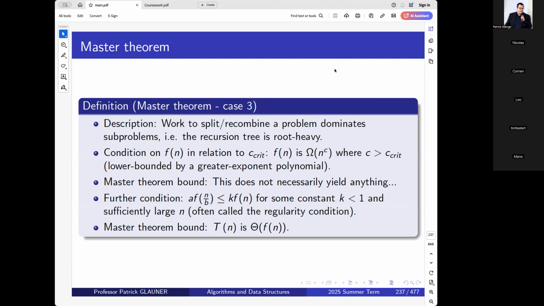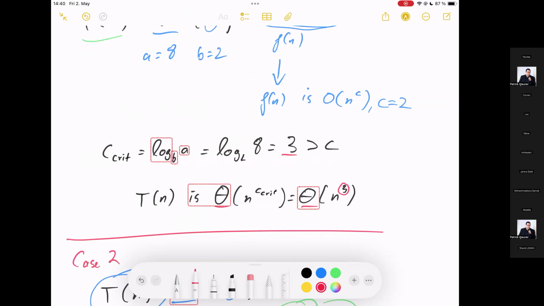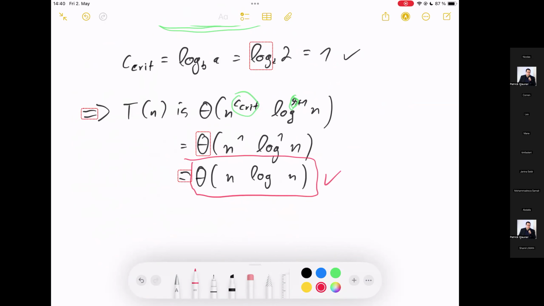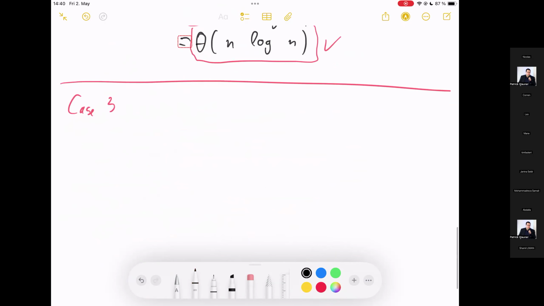We will again study an example together, and then we've done most of the tough math for today. So we will do case 3. And for this, I have another recurrence relation.